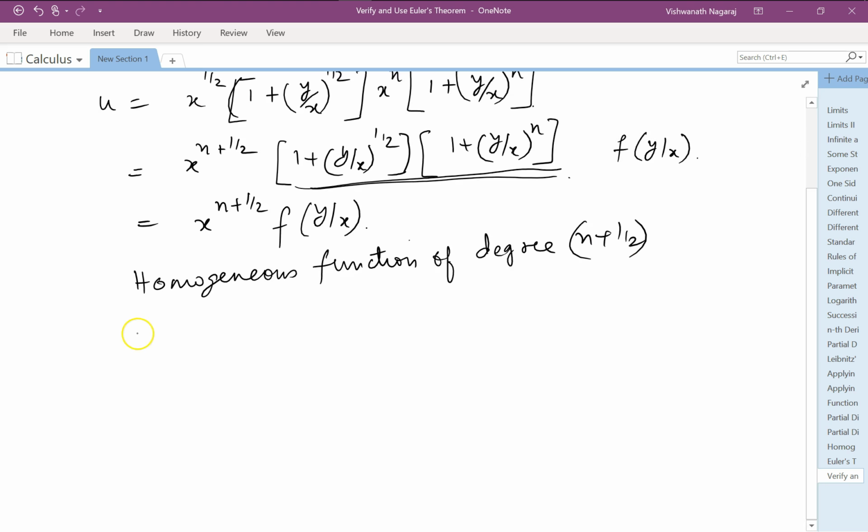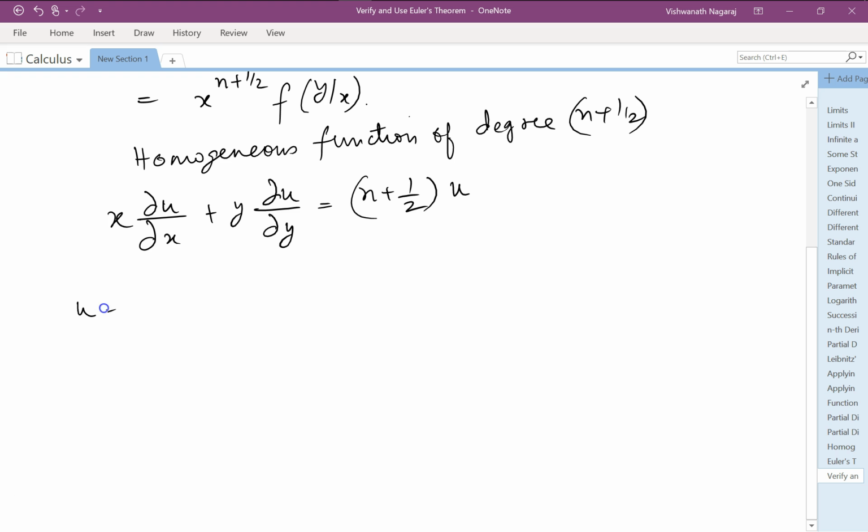So we have to show that x dou u by dou x plus y dou u by dou y is equal to n plus half times u. Now this we have to prove. So let's begin. u is equal to x to the power of half plus y to the power of half times x to the power of n plus y to the power of n.